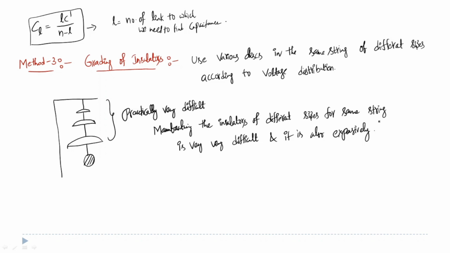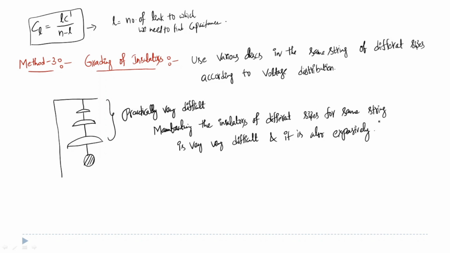Whereas if you want to manufacture water bottles of different sizes, then you need different types of machines: for smaller sizes you need a smaller machine, and for bigger sizes you need a bigger machine.